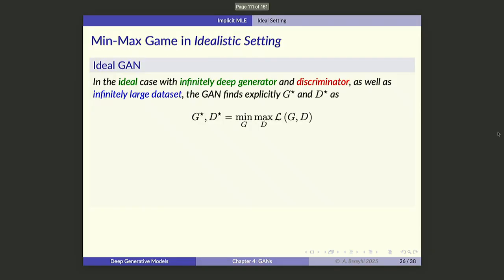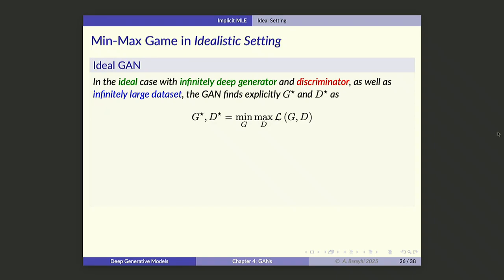Cool. Now let's write down the ideal GAN problem. In the ideal GAN problem, I am looking at this objective, the likelihood, which is a function of the generator and discriminator. They can be any possible function. And what I want to do is solve the min-max problem, right?